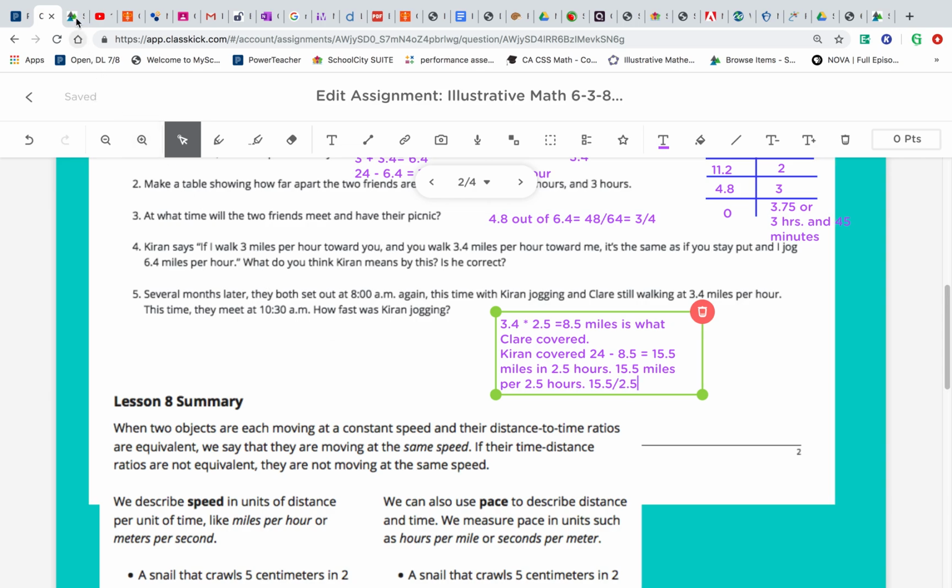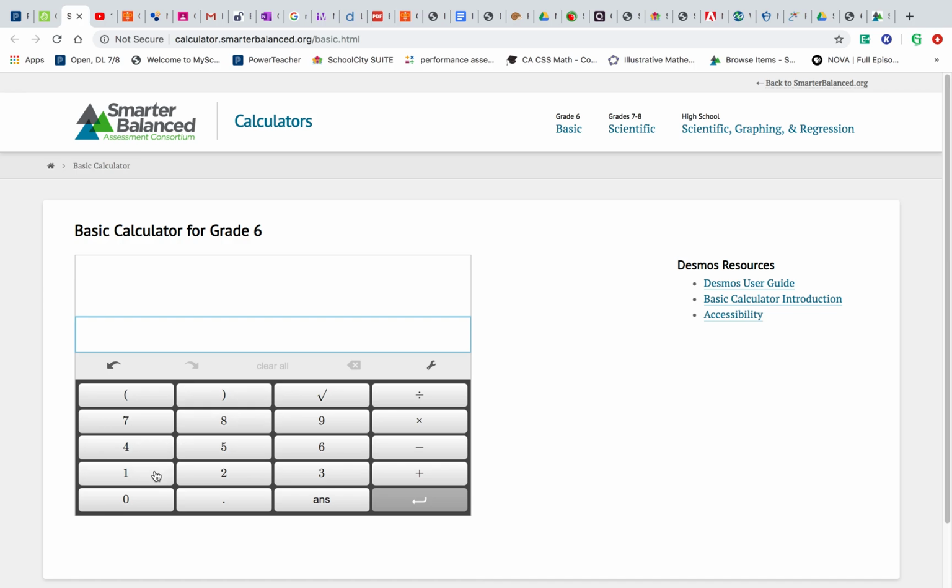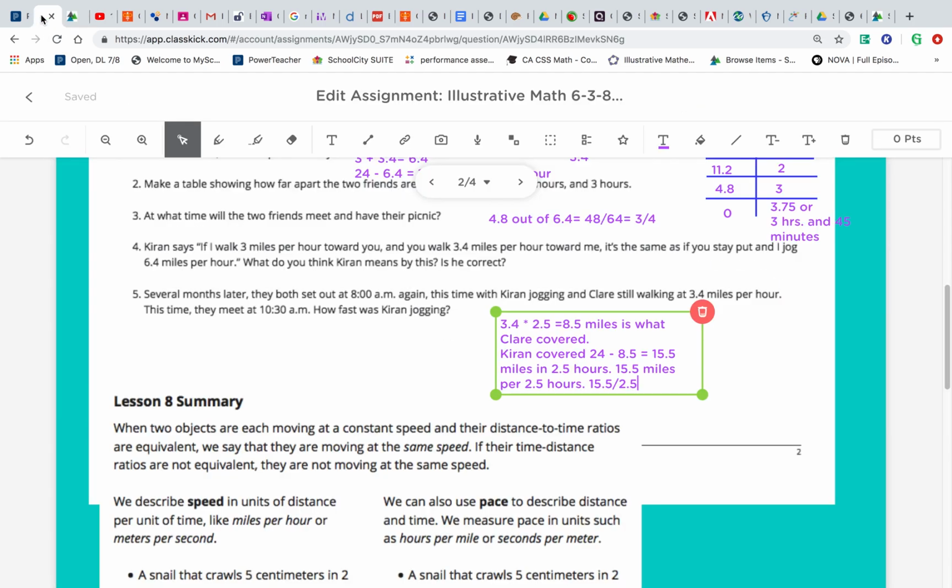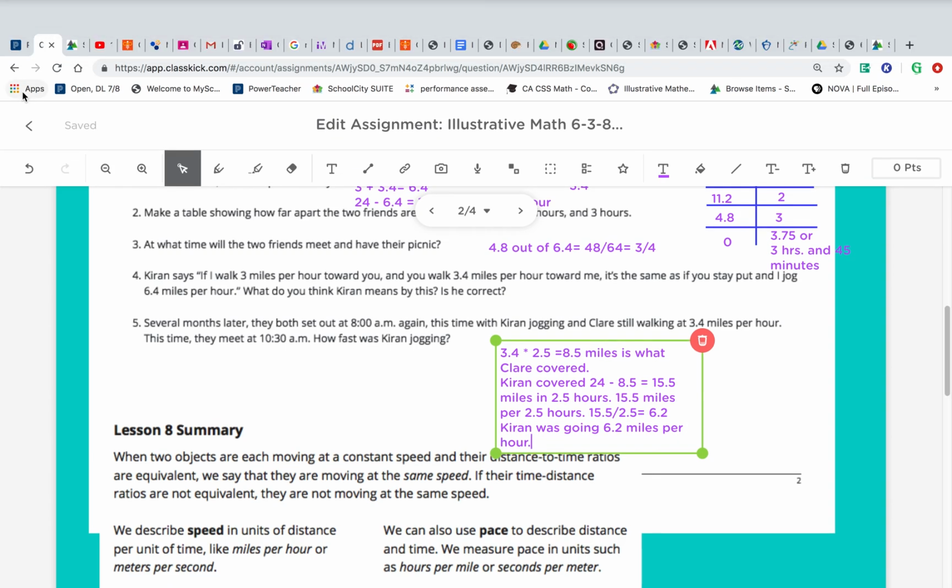Okay, and we can use our calculator for that. Let's see. 15.5 divided by 2.5, 6.2. Okay, so that means that Kieran was going 6.2 miles per hour. So much faster. All right.